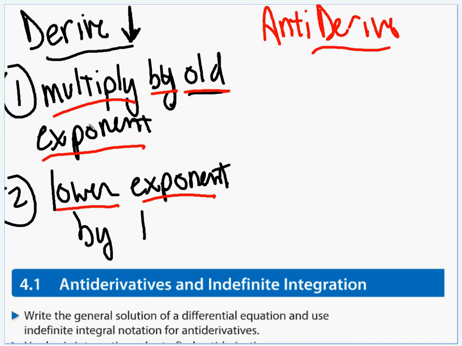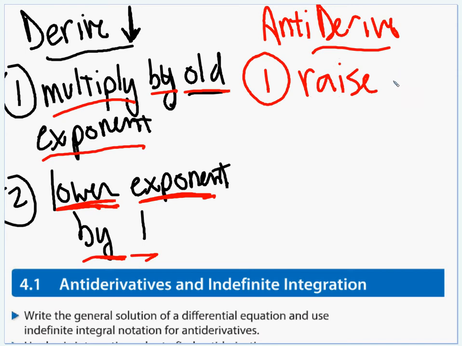Now we're going to do the reverse of that, in reverse order. Here we lowered the exponent by 1, so our first step in antideriving will be to raise the exponent by 1. Raise exponent by 1. So we reversed the second step.